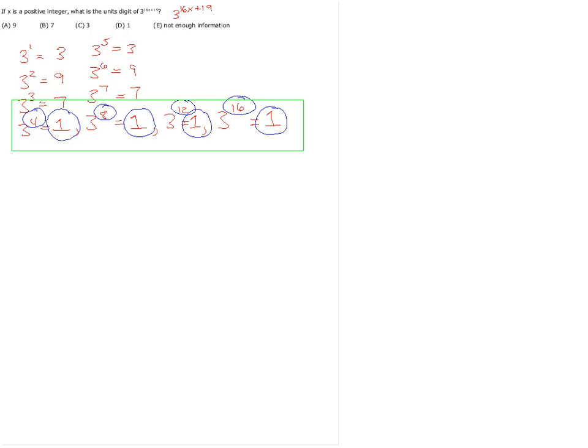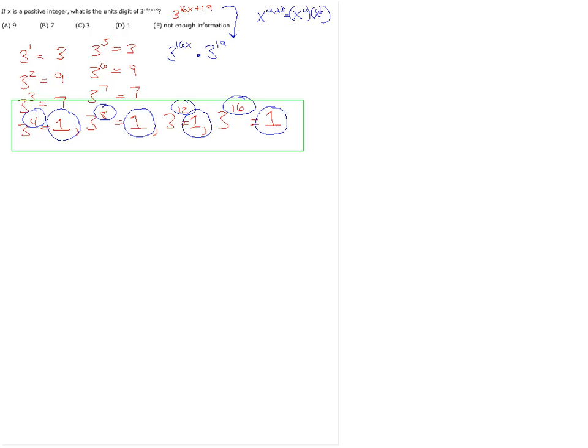So when I attack this question here, the first thing that I like to do is use the exponent rule. That's x to the a plus b equals x to the a times x to the b. Why do I do this? I do this so that I can actually attach 2 bases to our exponents here. So I actually have 3 to the 16x times 3 to the 19th power.